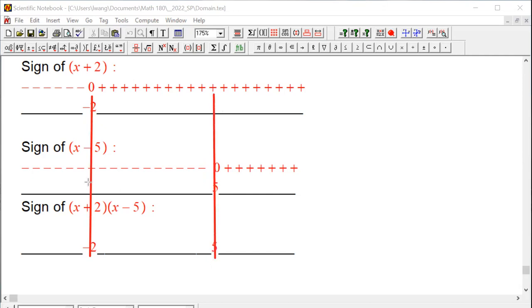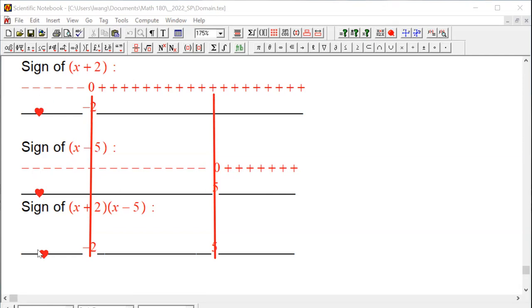If I pick any number smaller than -2 and plug it into this expression, say I pick -5, -5 plugged in here gives -5 minus 5, which is negative.